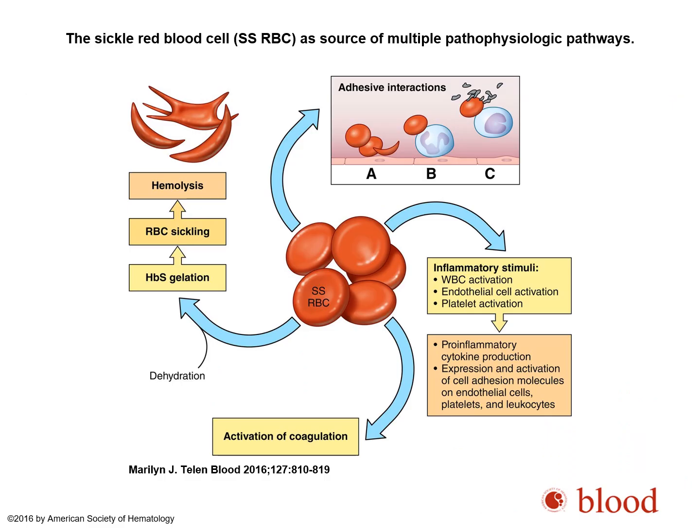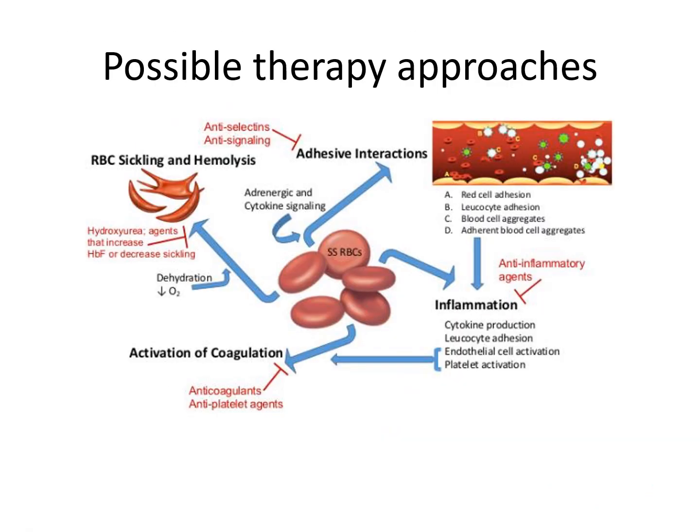I particularly like this slide, which shows the multiple physiologic pathways: hemoglobin S chelation, RBC sickling, and hemolysis in one side of this diagram, activation of coagulation, adhesive interactions, red cells, white cells, and platelets, and interaction with the endothelium, as well as inflammation.